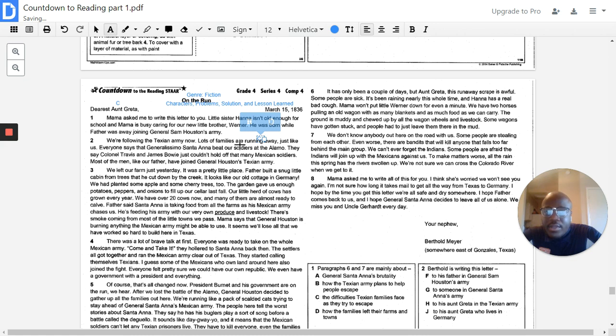So we have Aunt Greta, we have Mama, we have little sister Hannah, we have Werner, and we have Father. And we can stop and jot here that the family is going through a lot of change.